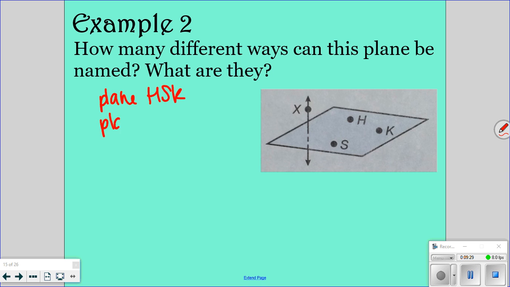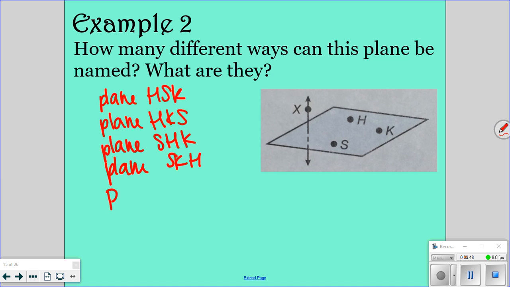We could also rearrange them and say plane HKS, plane SHK, plane SKH, plane KHS, or plane KSH. You can rearrange them in any of the 6 ways. So how many different ways can this plane be named? 6, and it's these 6 ways.